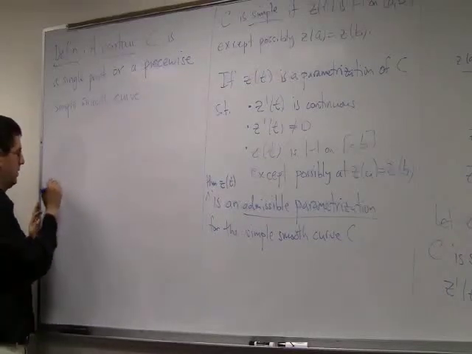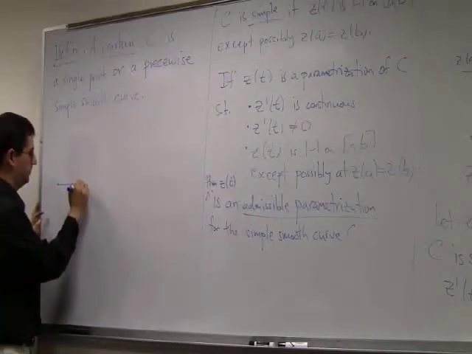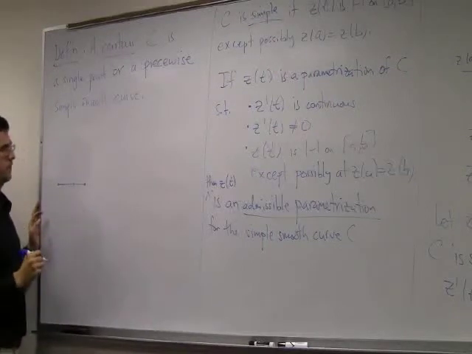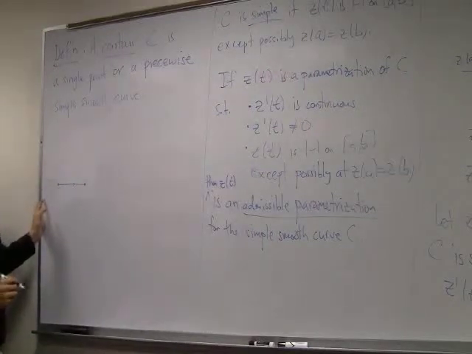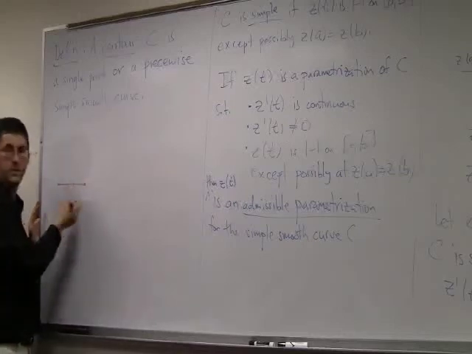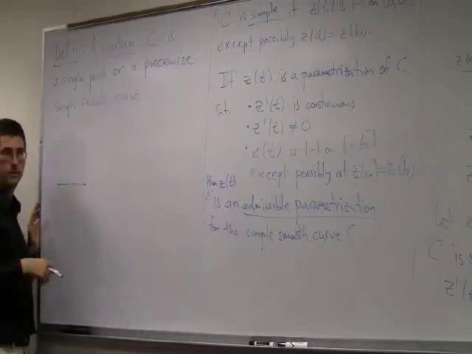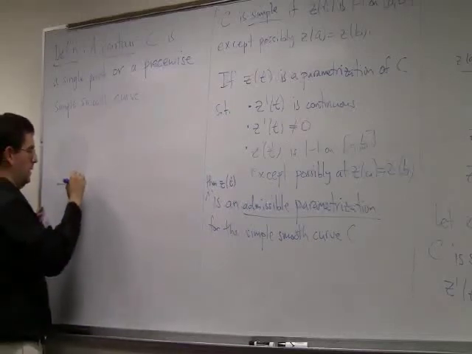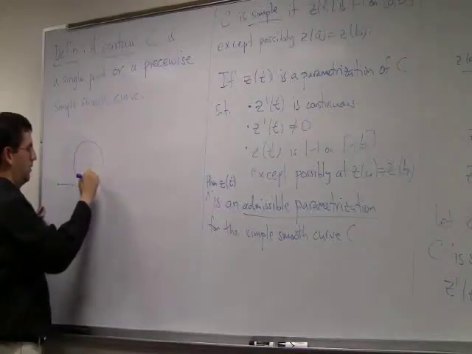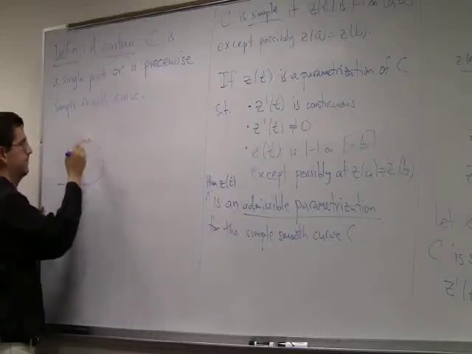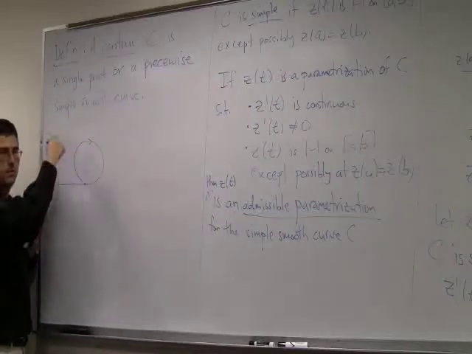So for instance, we go here, well, this is a simple smooth curve, no problem with that. Now let's say around here we draw a circle. That's a nice simple smooth curve.